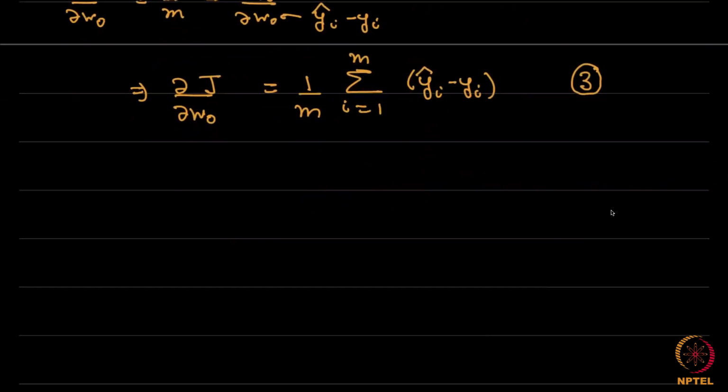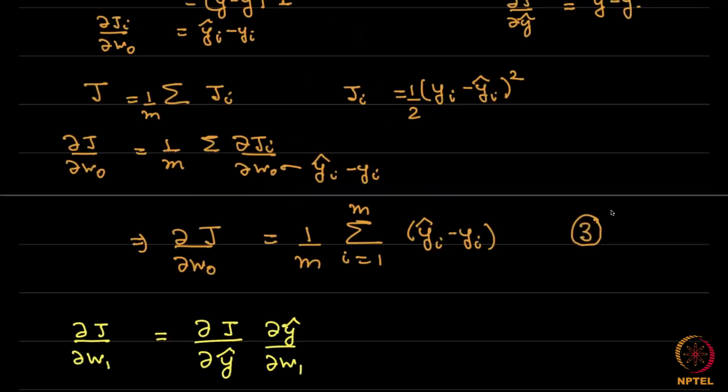Now, suppose we do the same thing with del J del w1. Okay, so I'll do the same trick again. Del J_i del w1, or let's drop the i's for now, just to keep the whole thing a little bit manageable. Del J del w1 is del J del y hat times del y hat del w1.